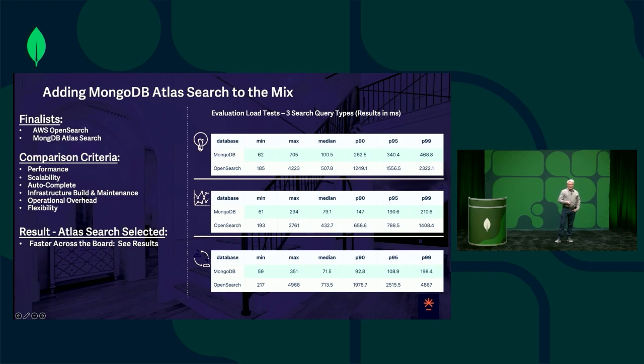Now, I will point out that we probably could have spent a lot of time tuning OpenSearch to get it to perform that well, but we didn't need to because Atlas Search was already performing that well. So we just said, why spend that time if Atlas Search already performs that well?